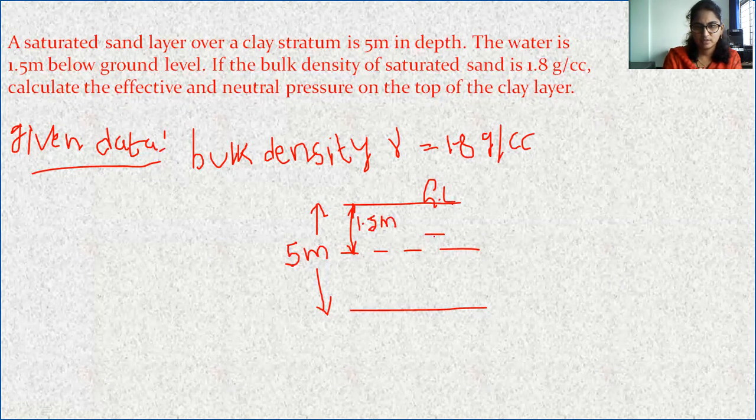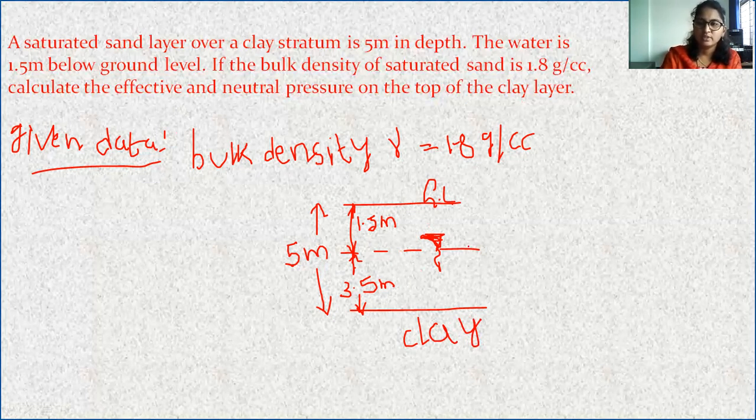The remaining part is 3.5 meters. So this is sand, this is the clay layer, and the overall thickness is 5 meters. So we can calculate the total, neutral, and effective stress on the top of the clay layer.